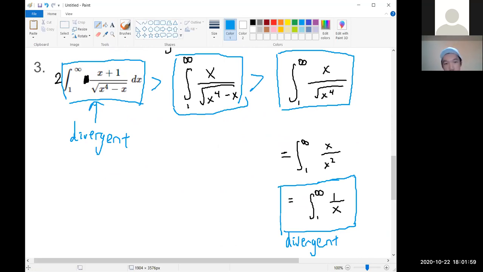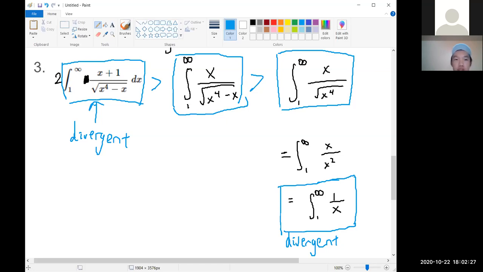How do you pick a value to compare? Well, we didn't pick a value. You mean like how do you pick another integral? Is that what you mean? One over x.